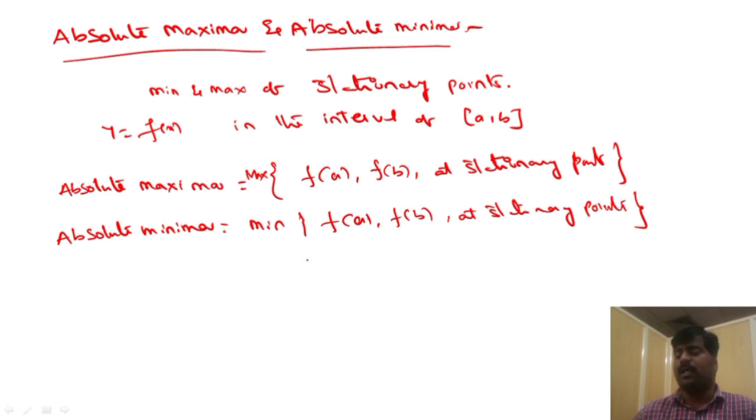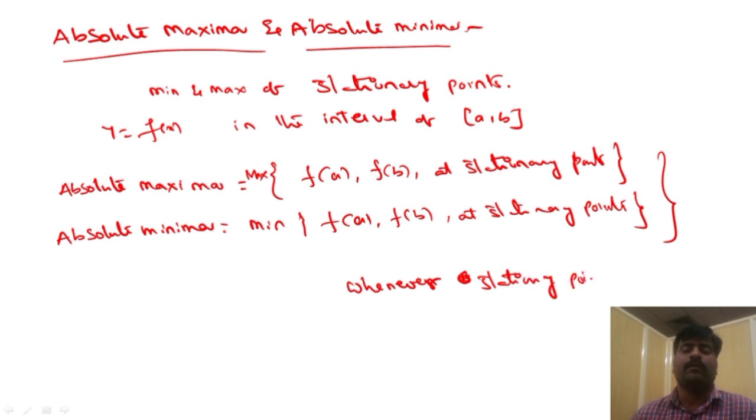So this will give the absolute maxima and absolute minima of any given function. We consider f(a) and stationary points only when the stationary points are inside this interval (a, b). If a stationary point is outside (a, b), there is no need to consider it.